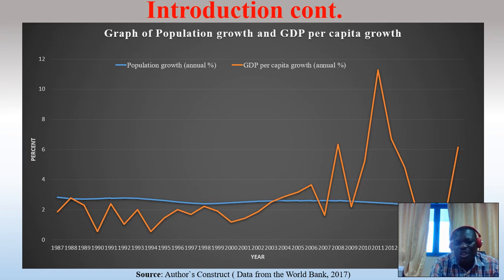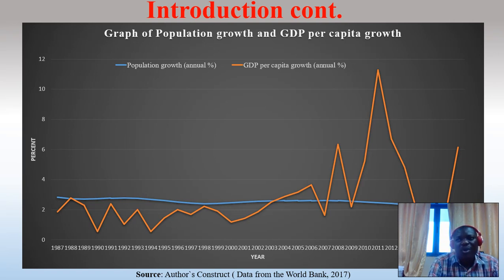If your population is growing above your per capita growth, that means that there is some disconnect that you need to work on. Of course, in the literature, some will indicate that population growth is good for the growth of the economy, especially when you develop a lot of human capital who can be productive and contribute to productive activity and generate the growth.